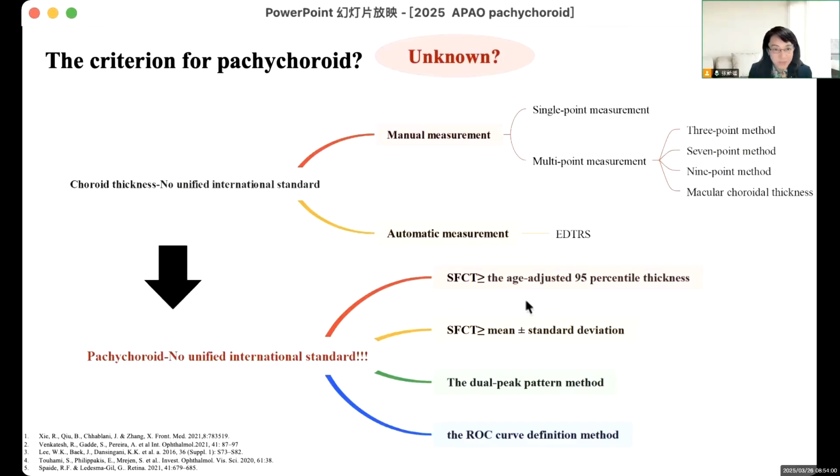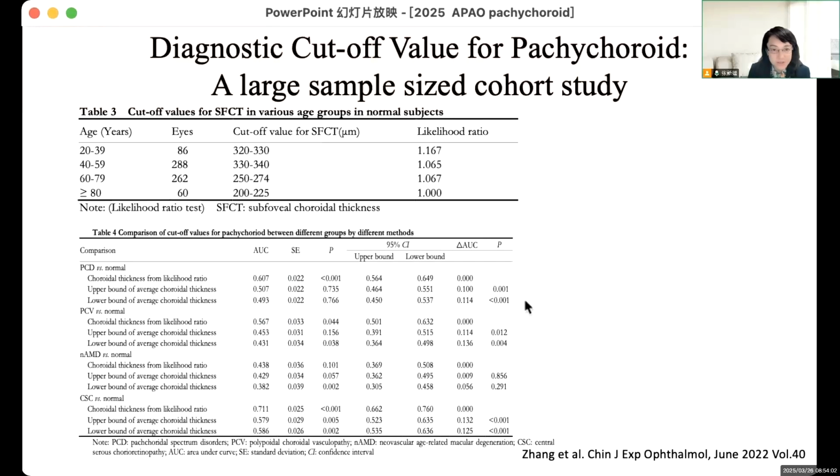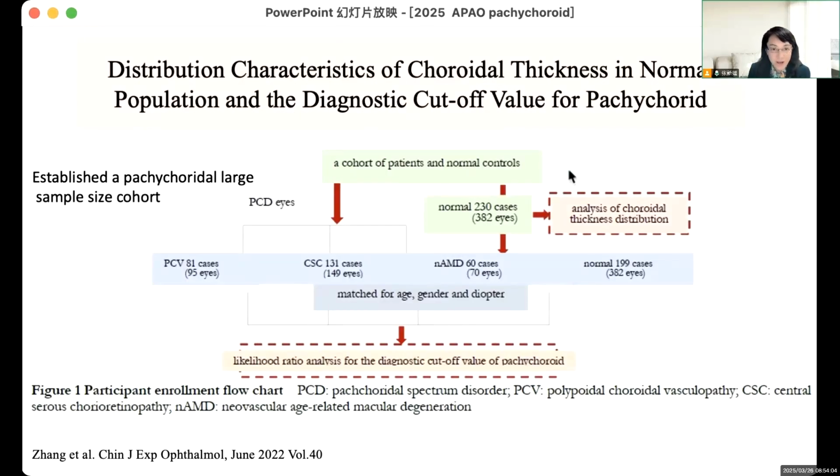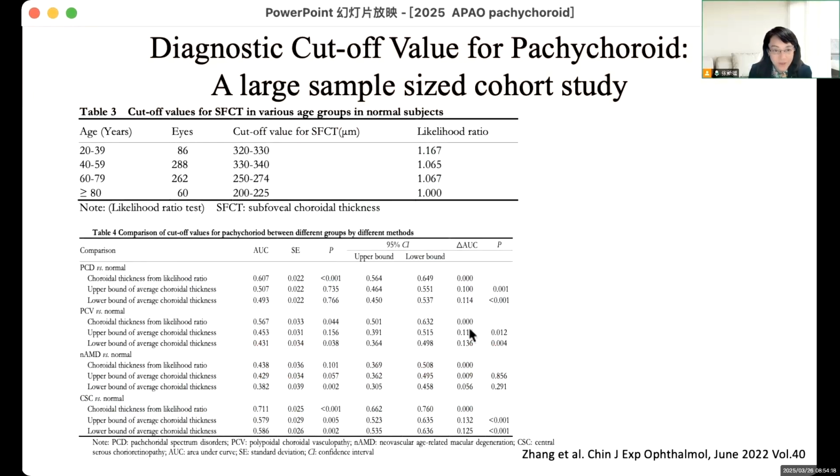To answer the clinical questions and establish an objective criterion for pachychoroid, we established a large-sample pachychoroid cohort and used likelihood statistical analysis for the diagnostic cutoff value of pachychoroid. In this study, we controlled age, gender, diopter, refractive error, and anterior chamber depth as the physiological parameters.